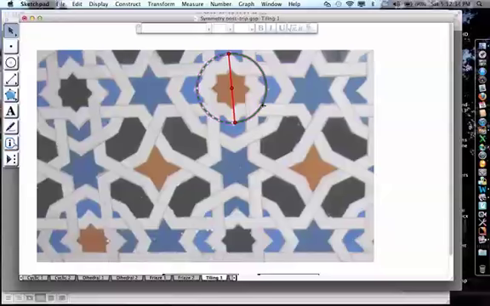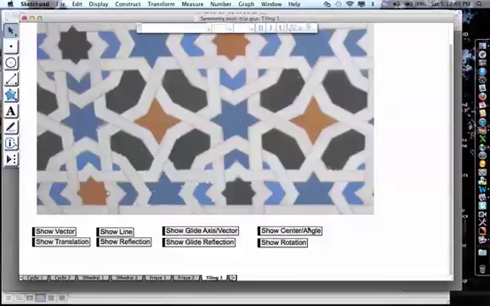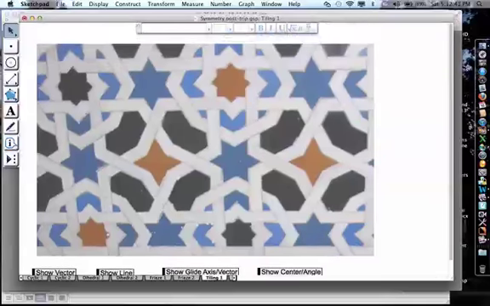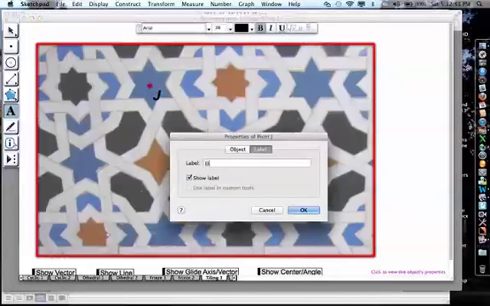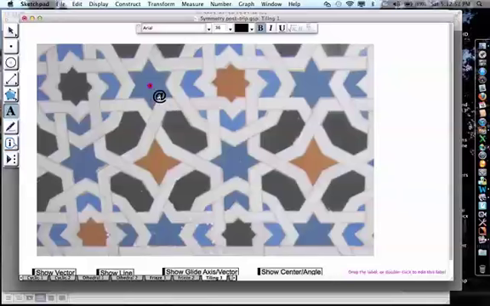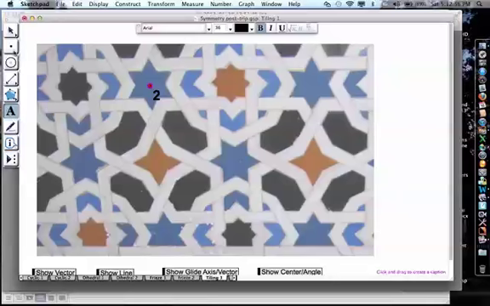So playing around with that some more, you discover those centers and then just go ahead and put points there and label them. So this is a 2. This is a 4. This is a 2, and this is a 4.